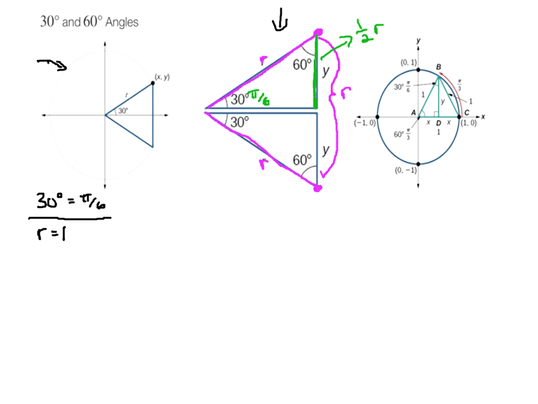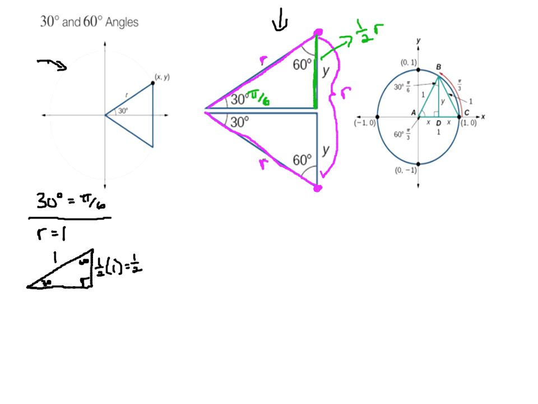So if I pull that triangle out, this is the 30-degree angle over here, this is the 60, and there's the 90. I know that this is 1, and this is 1/2 of 1, which is 1/2.